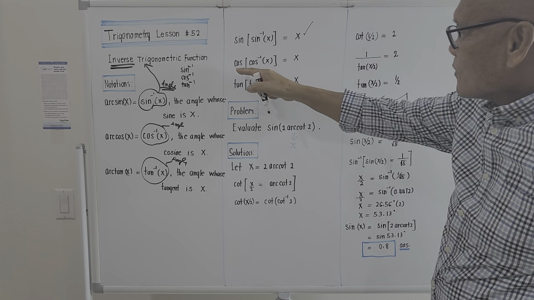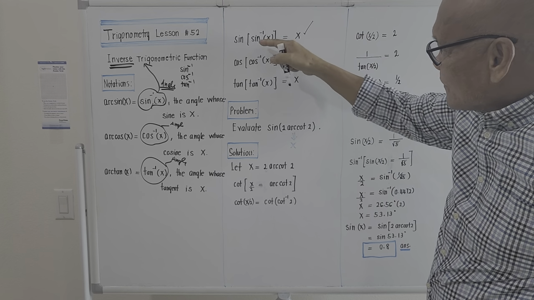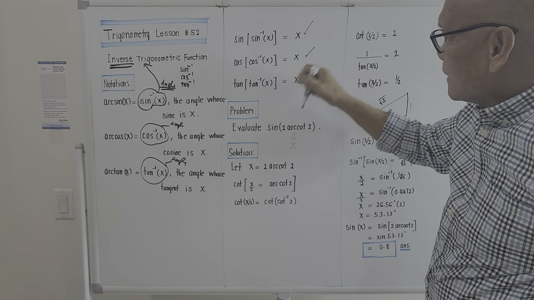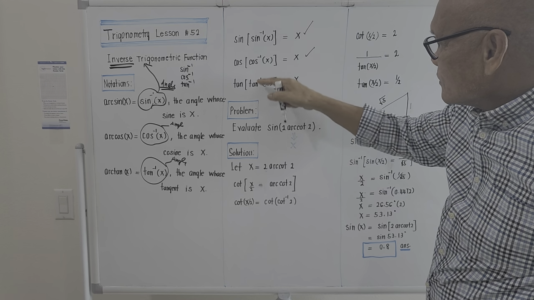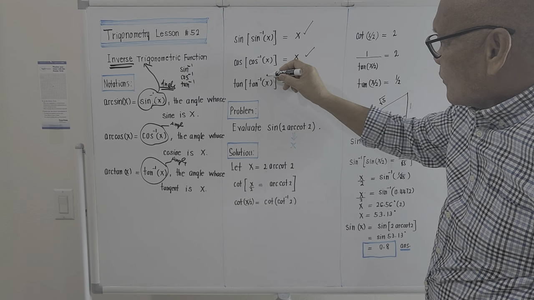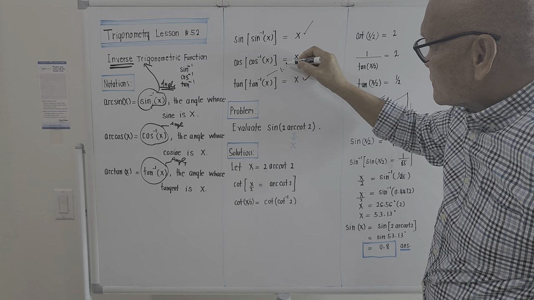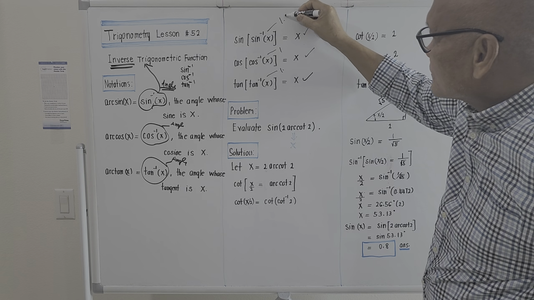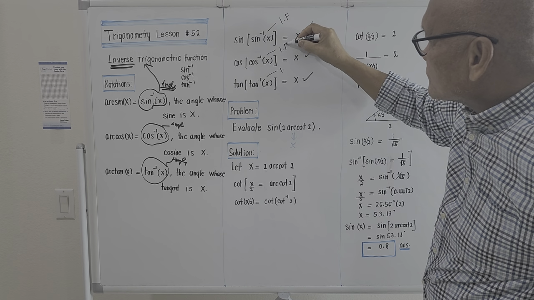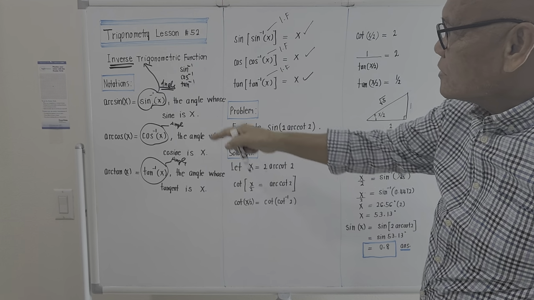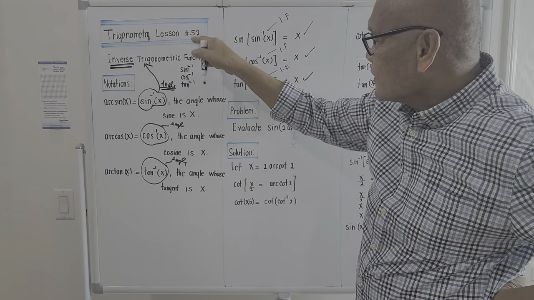Second, cosine of cosine to the minus 1 of x is also equal to x. And the tangent of tangent to the minus 1 of x is equal to x. These are all inverse functions. That's why our topic for this morning is inverse trigonometric function.